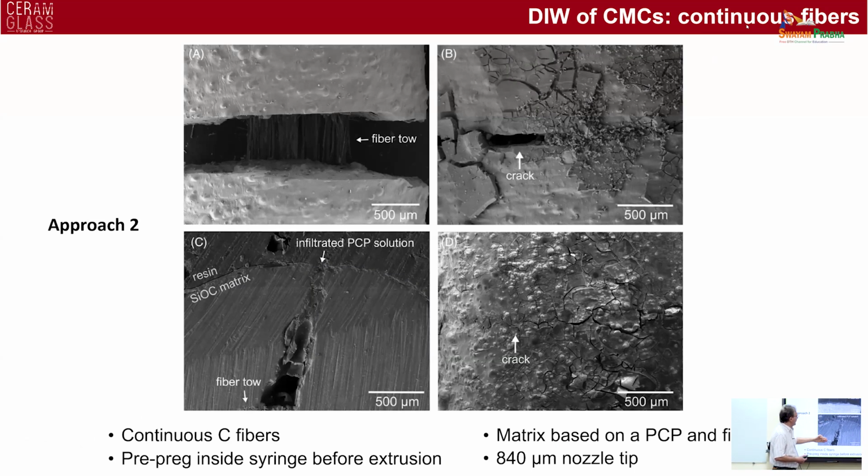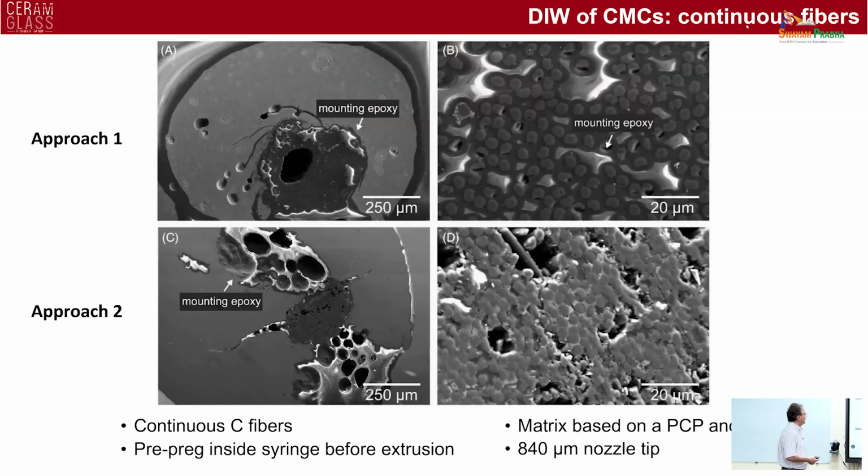This is a cross-section of a filament. This is the matrix. And you can see that we infiltrate the crack with the pre-ceramic polymer solution. And here you can see some cracks that have been healed because of the infiltration with the additional pre-ceramic polymer.